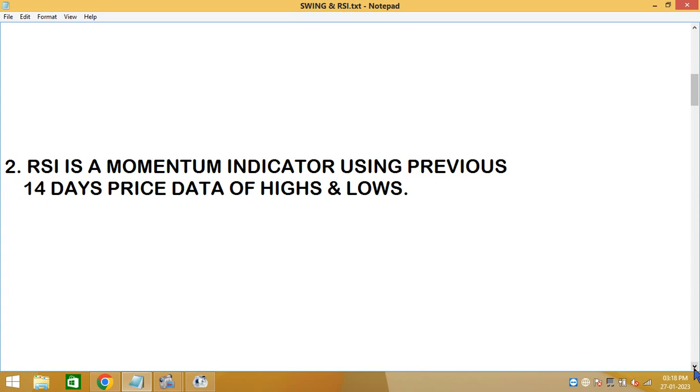So RSI uses the previous 14 days data, or in simple words, RSI gives profit and loss for the last 15 days through a particular formula. I think this is very clear.